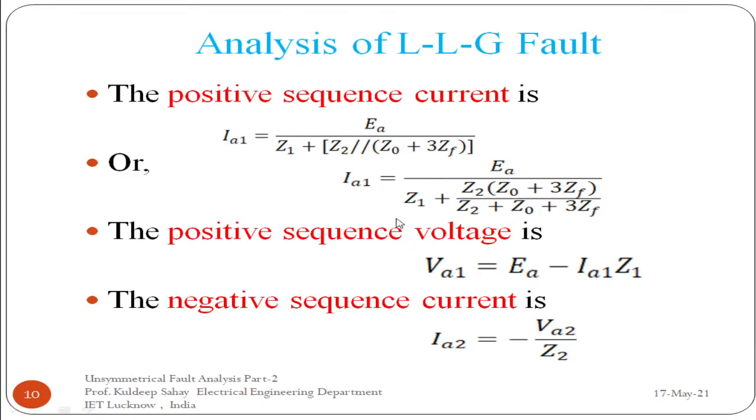While the positive sequence voltage, that is a well known equation now, VA1 equals EA minus IA1 into Z1, while the negative sequence current IA2 equals minus VA0, the voltage across the zero sequence network, divided by its impedance.